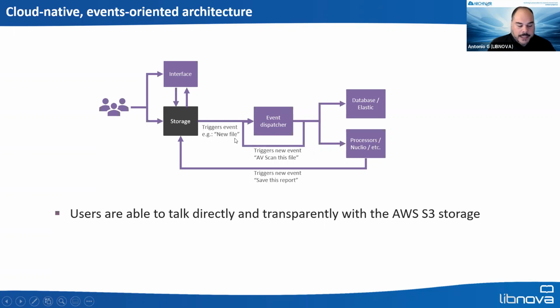The triggering event, for instance, a new file has been uploaded, is going to check the policy of the container in which this file has been uploaded, and based on that, is going to trigger events for the platform to process.